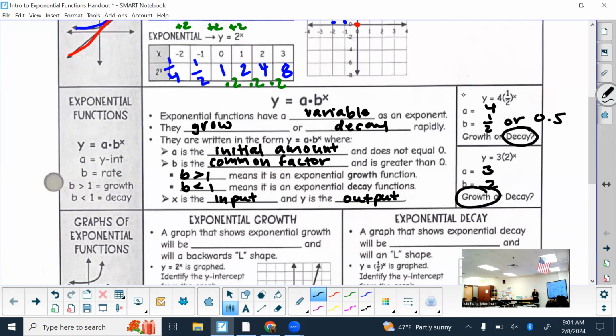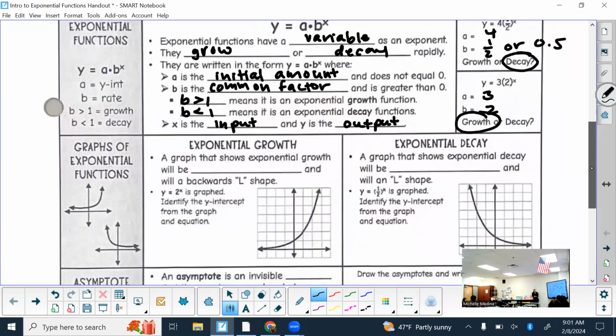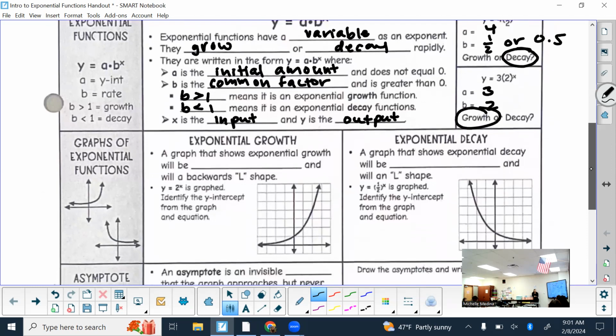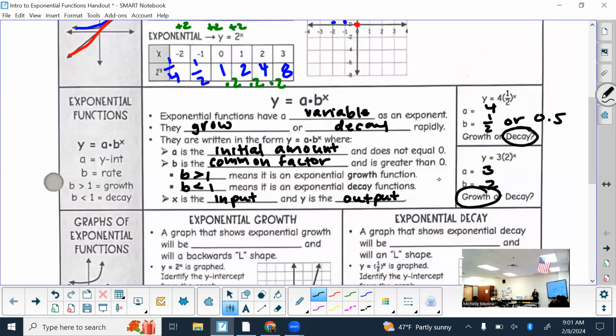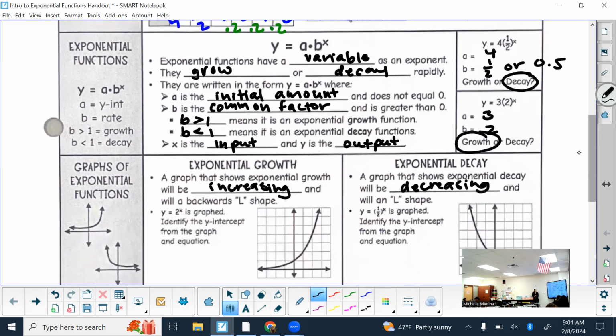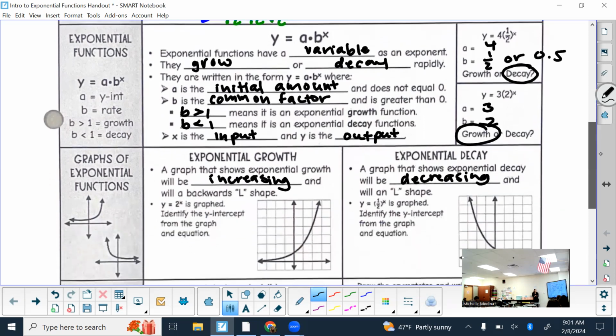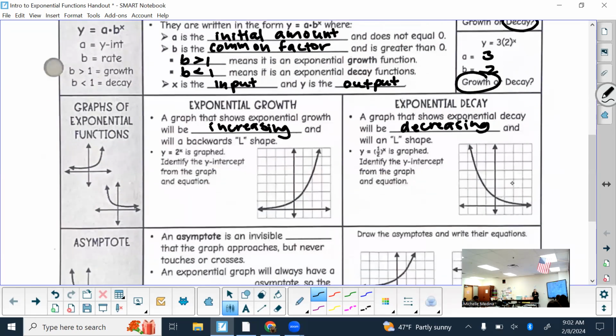So then down here, graphs of exponential functions. Let's see if this is important. I guess we could just put that our growth is increasing and our decay is decreasing. They generally look like either this or this when we're talking about real world problems.